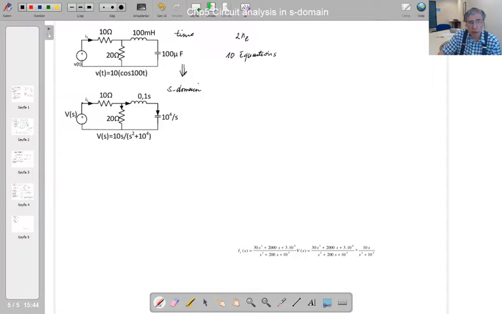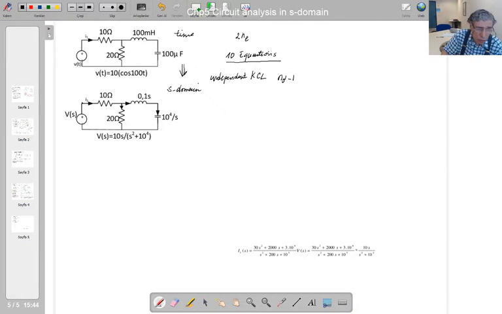How we are going to find these 10 equations? We are going to write independent KCL equations, and there are ND minus 1 of them. ND is the number of nodes.